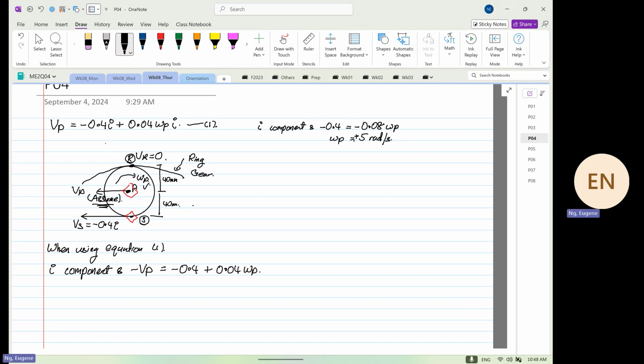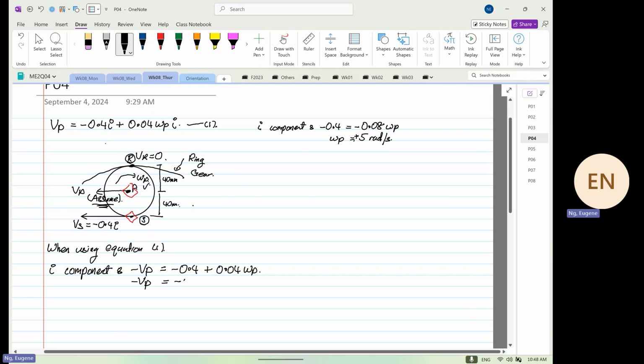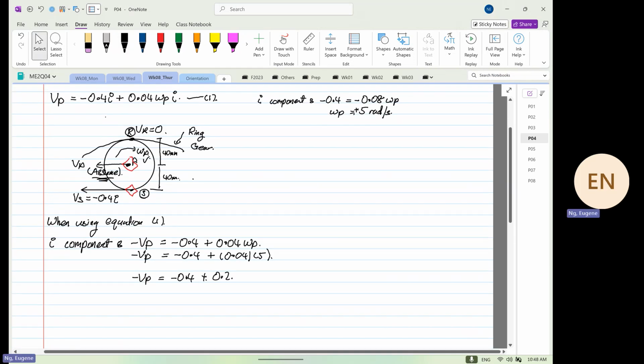So over here, we write minus Vp is equal to minus 0.4 plus 0.04 multiplied by 5, which is 0.2. So therefore minus Vp is equal to minus 0.2.